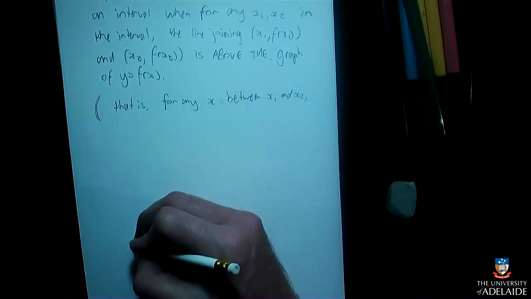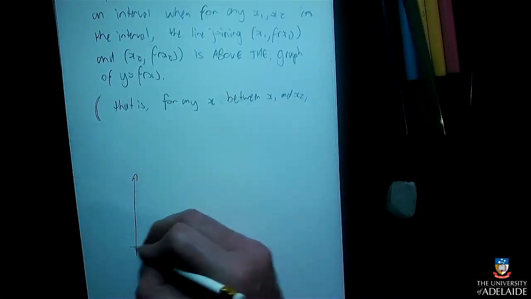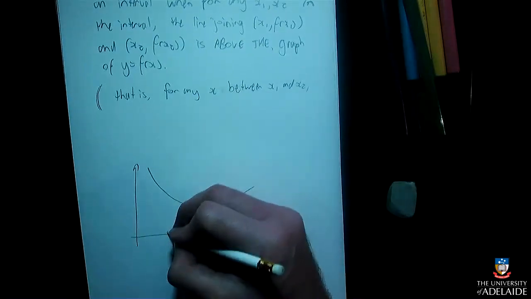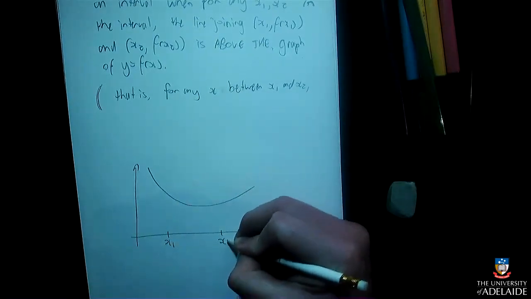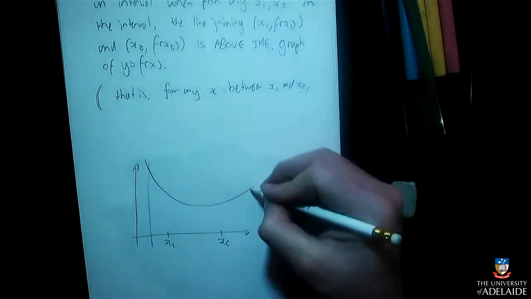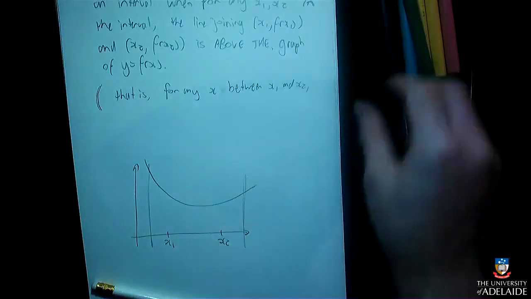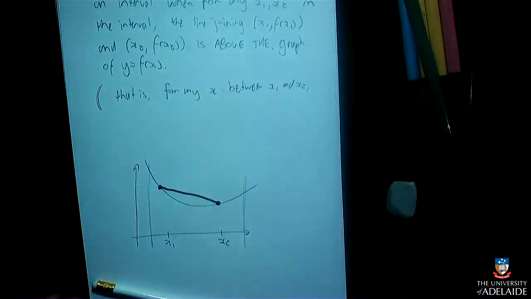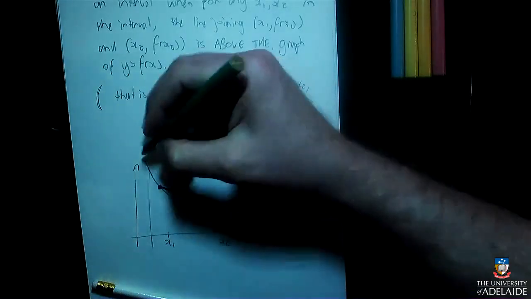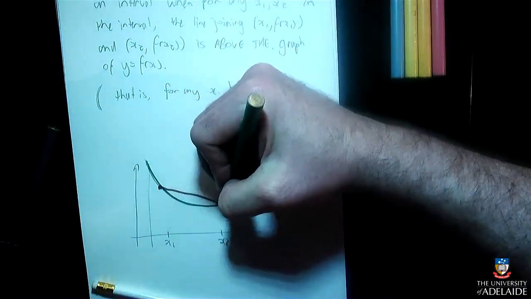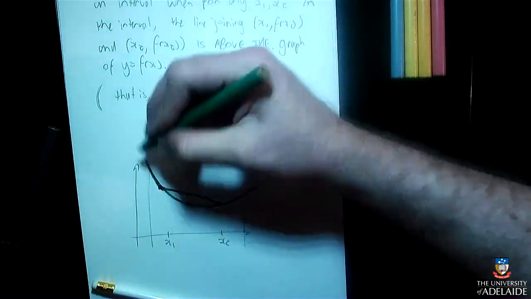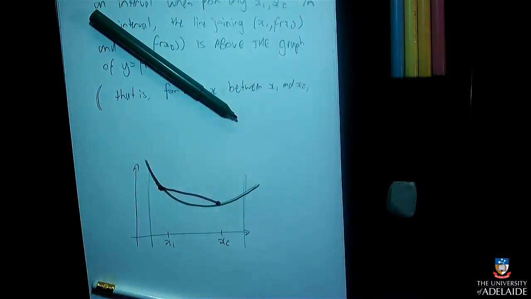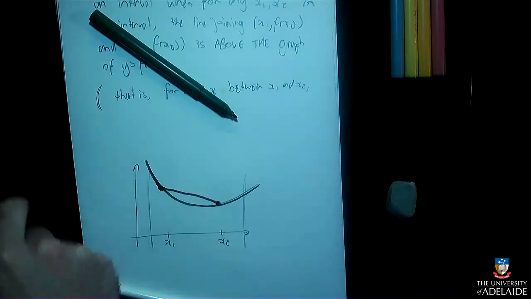So here's the picture, and my curve is going like that, and here's x1 and x2, and here's the edges of the interval that I was talking about. And here is the line segment that's joining them, and I need that to be above the curve, for every possible choice of x1 and x2, in order for it to be concave up.